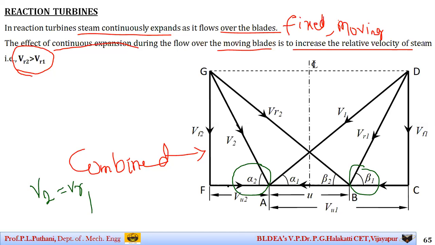Also, the angle alpha 1 is equal to beta 2, that is, V1 is equal to VR2. And VF2 and VF1 are the same, which means the flow velocities are also the same here. These are some of the features of the reaction turbines.